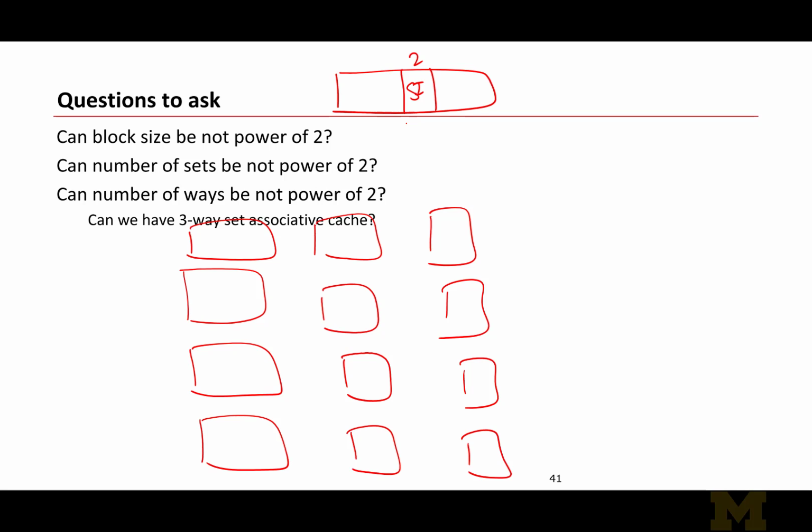With an odd number, symmetry is very hard to achieve. So that's one of the reasons why there is a natural tendency to go for 2 to the power of n associative caches. But it's not rare to see, and it is not impossible to implement other types of set associative caches if need be.